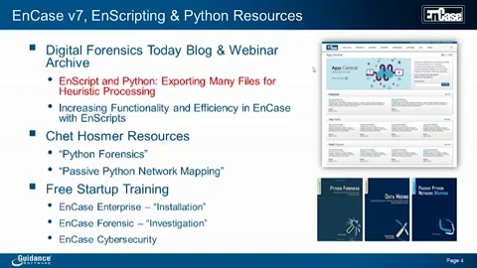And a lot of this webinar is going to be based or at least tied into that blog post. You can also go see a webinar that was conducted about a year ago. It's called Increasing Functionality and Efficiency in EnCase with EnScripts. It's specifically about how to get started with EnScripts. It's excellent if you've never written an EnScript before.